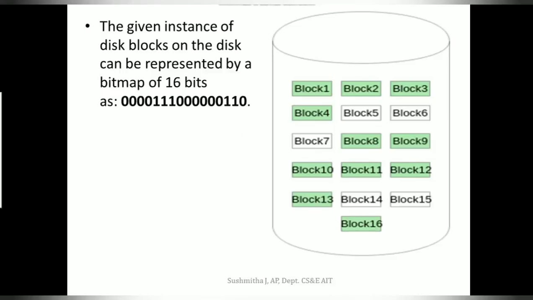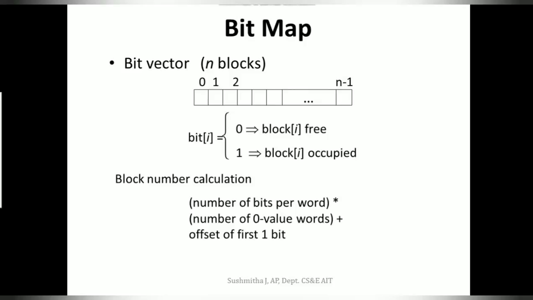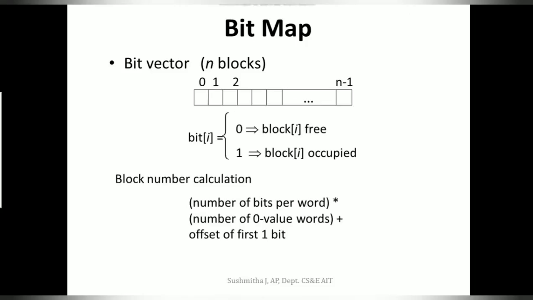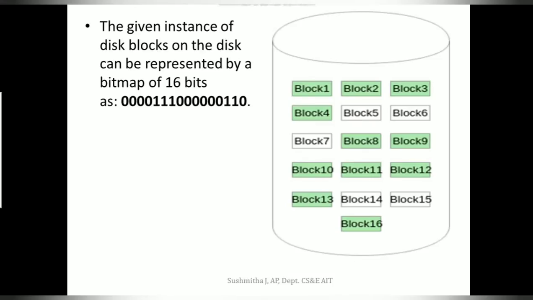The calculation of the block number will come later. You can just take a look at this example. Here this is my hard disk and these are the blocks. So I have 16 blocks and I am representing them with 16 bits. If it is a 0, it is free. If it is a 1, it is occupied.